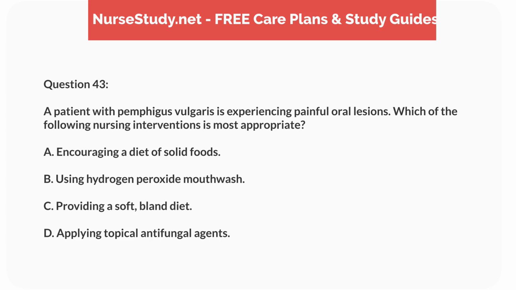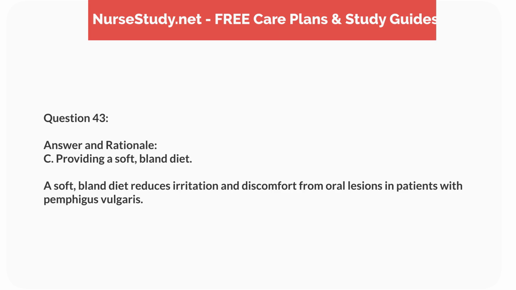C. Providing a soft, bland diet. D. Applying topical antifungal agents. Answer and rationale. C. Providing a soft, bland diet. A soft, bland diet reduces irritation and discomfort from oral lesions in patients with pemphigus vulgaris.